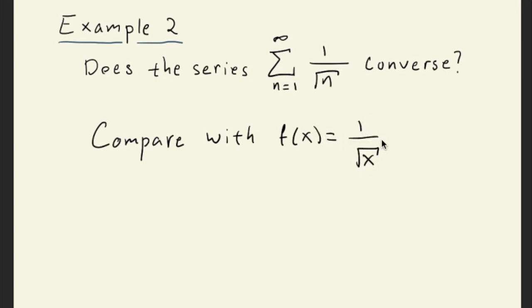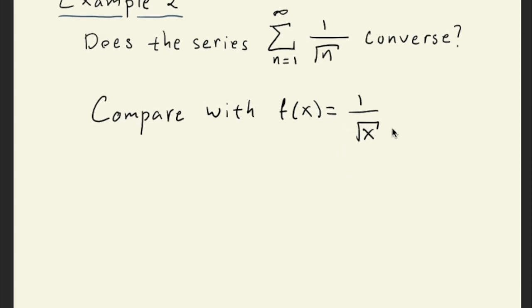Now, what do I know about this function? I know that for 1 over root x, this is 1 over x to the p with p equals 1/2. And if you remember for this function, that wasn't a good picture.